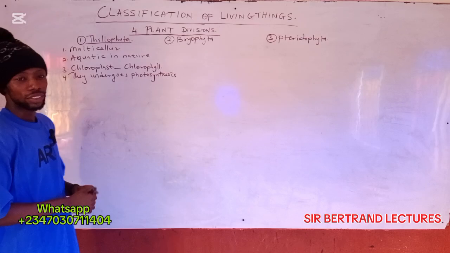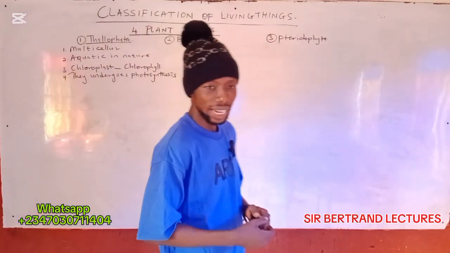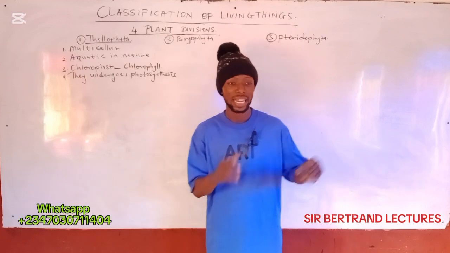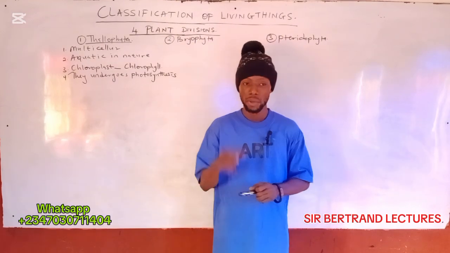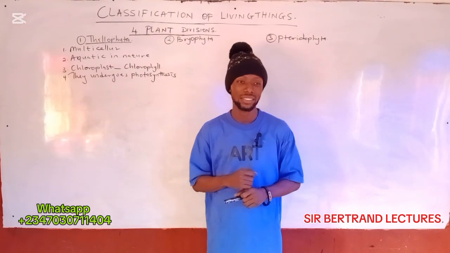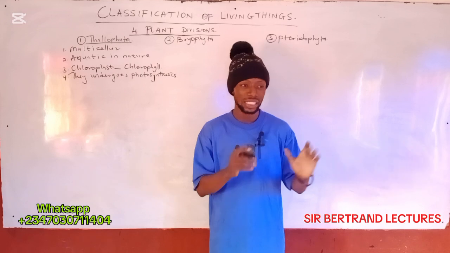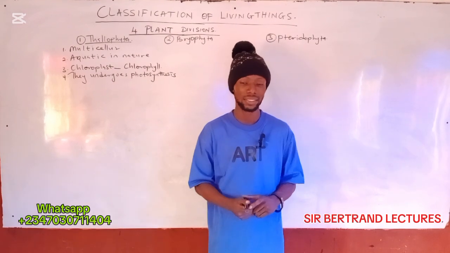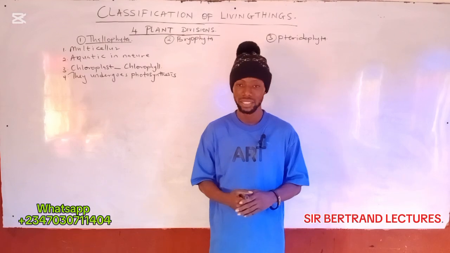Some textbooks classify fungi as a Thallophyta. It's wrong, please. Fungi is an entity on its own. Fungi is not a plant. Just that fungi have some kind of relationship with some plants, like algae.